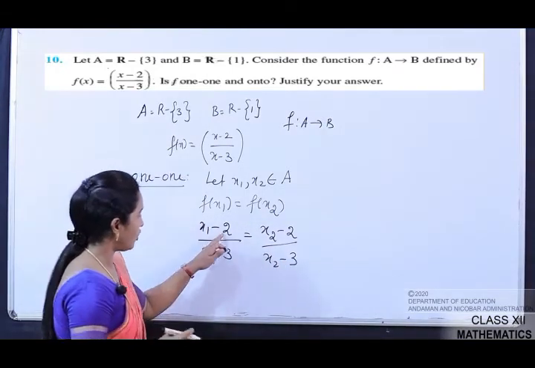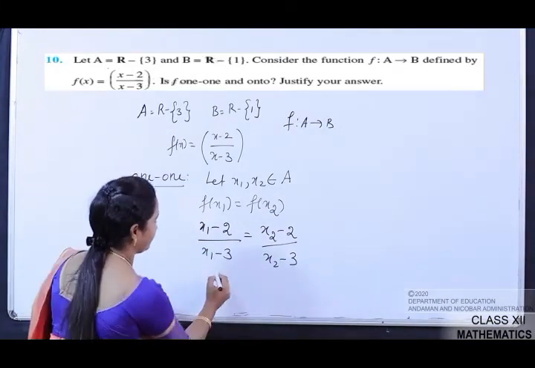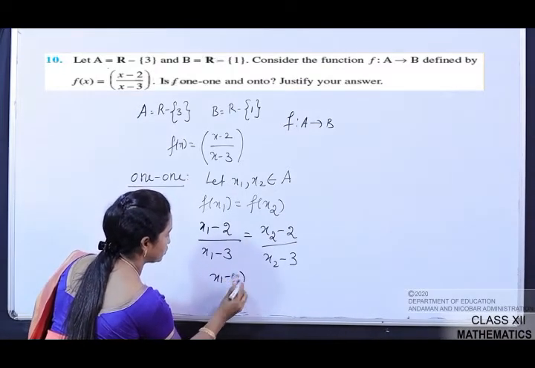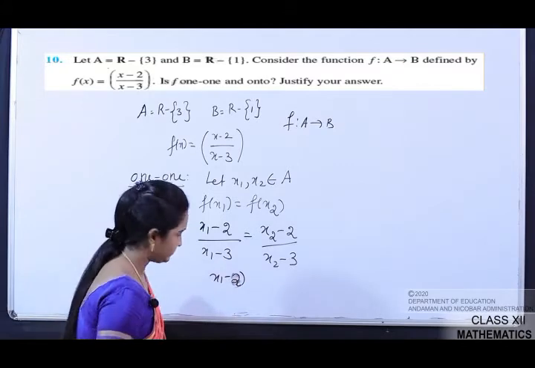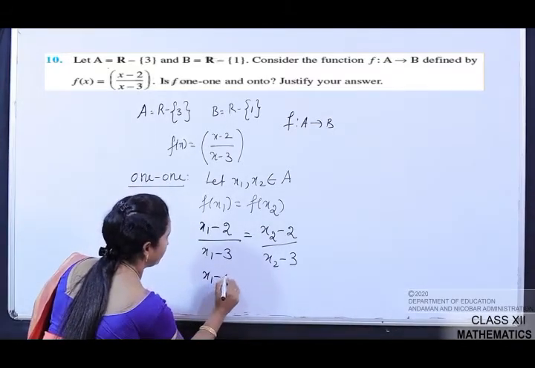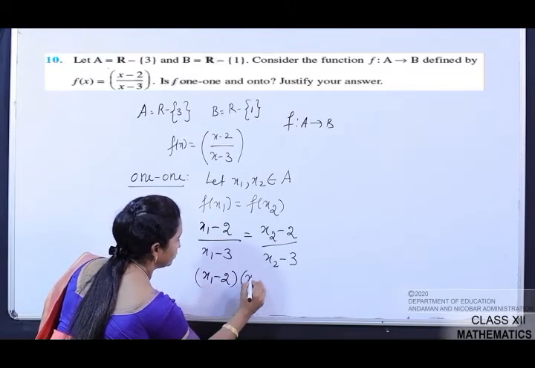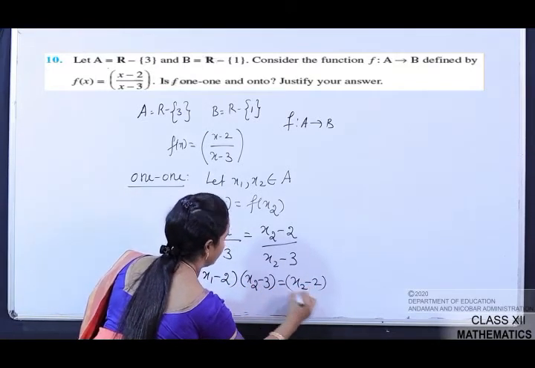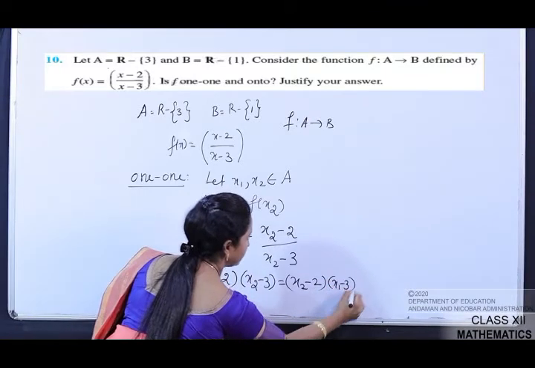Okay, so what you will do now? You will cross multiply: (x1 − 2)(x2 − 3) = (x2 − 2)(x1 − 3).